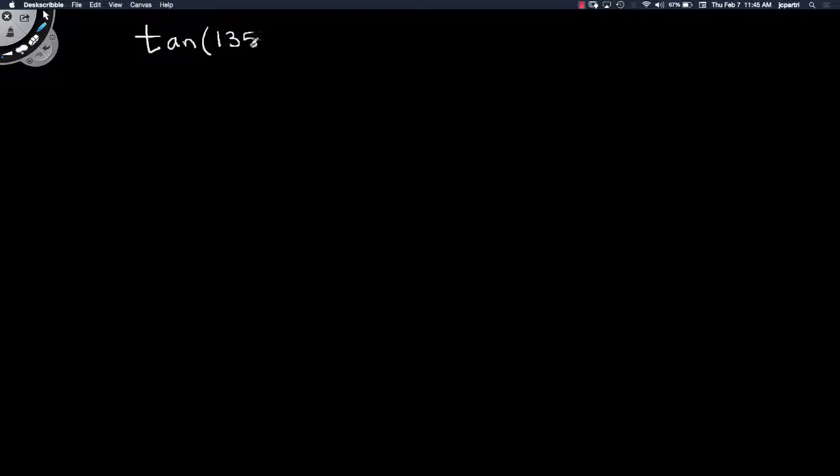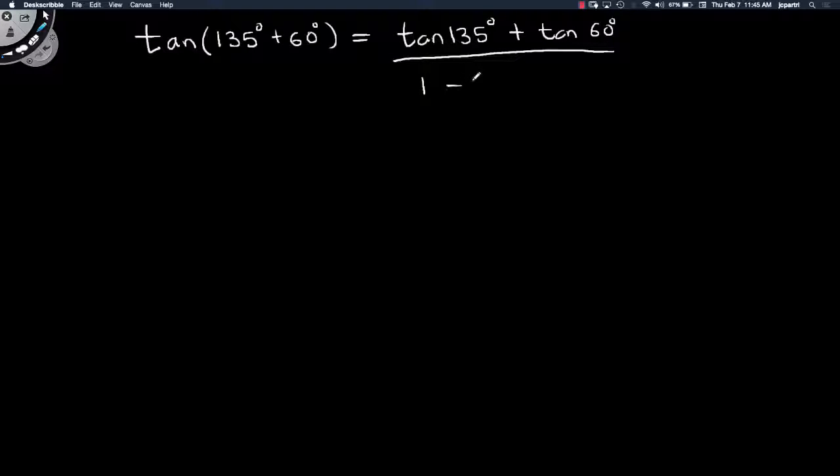So we've got 135 plus 60 degrees, and now we're going to use our formula. This is the tangent of 135 degrees plus the tangent of 60 degrees all over 1 minus tan 135 times tan 60. 135 is quadrant 2.